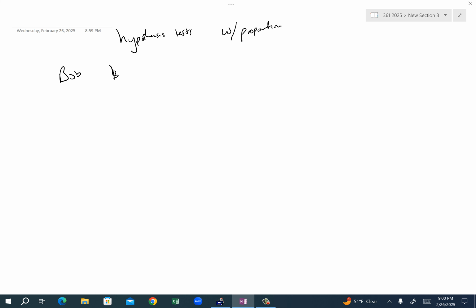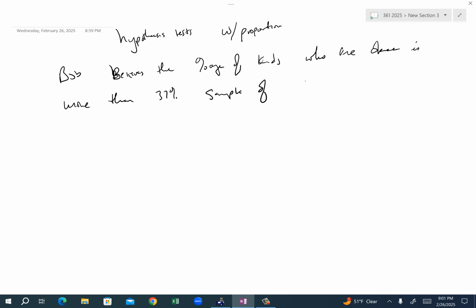Bob believes the percentage of kids who are obese is more than 37%. Just made that up. So what does he do? He takes a sample of 600 kids. Nice. And 250 are obese.